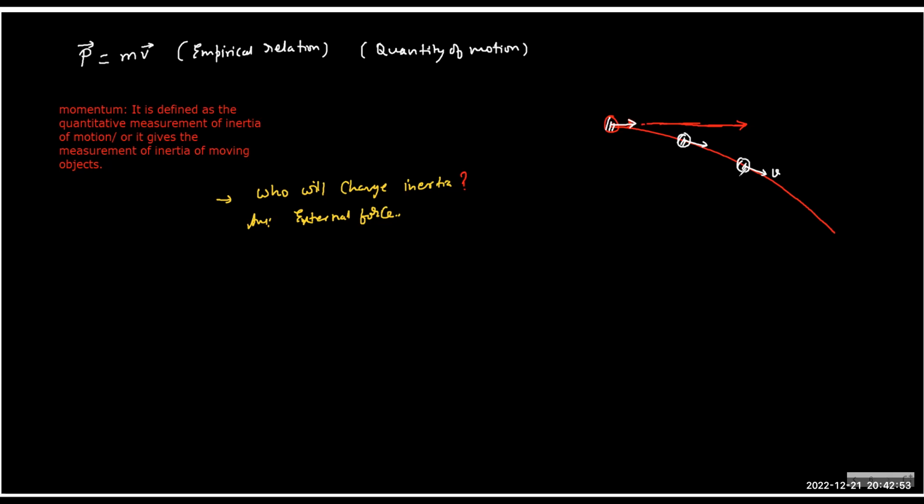Looking at the actual path of the projectile, what will be your comment? Is it changing or constant? It is constantly changing, isn't it? Because the direction is changing all the time.